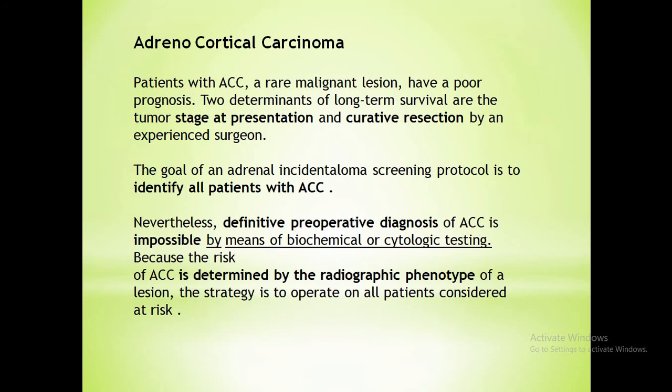So basically you are looking at the radiology, and the radiographical imaging dictates whether the tumor is malignant or the patient is at risk of ACC. If radiologically the tumor has features of malignancy, or even if it is indeterminate, you go and operate.